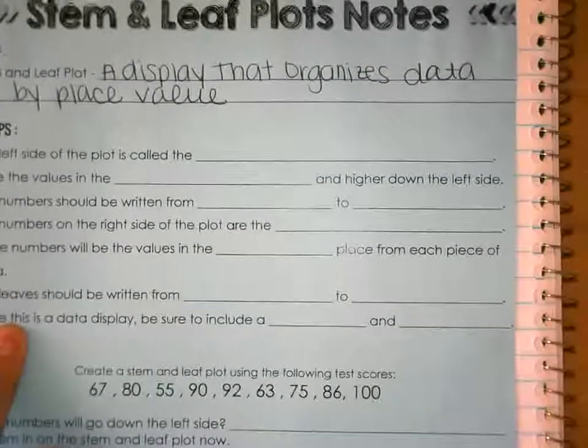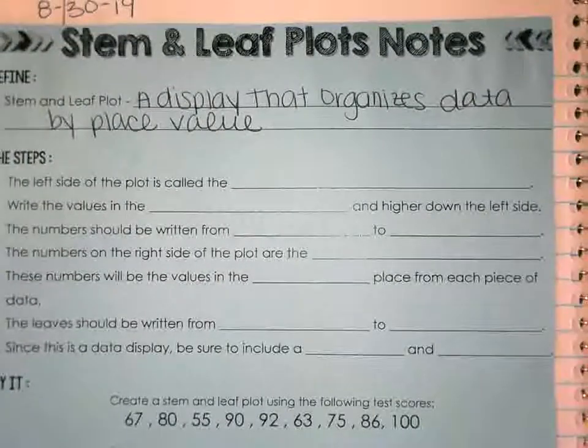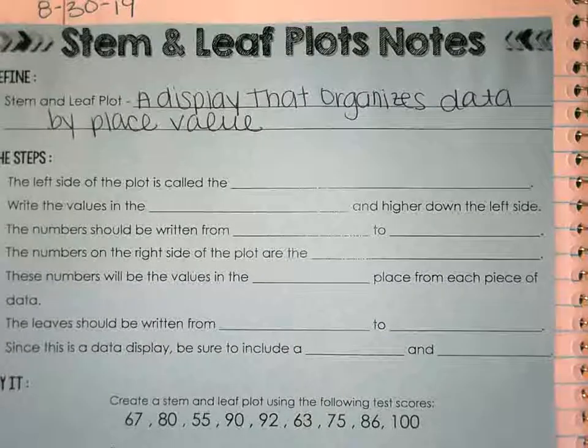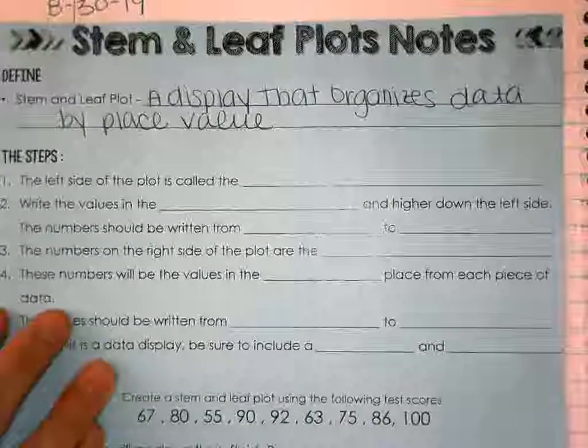So here are your steps. Oh, you totally couldn't even see that. I apologize. Now you can see it. A display that organizes data by the place value. That is the definition of stem and leaf plots. I'll get better at taking these notes one day, guys.